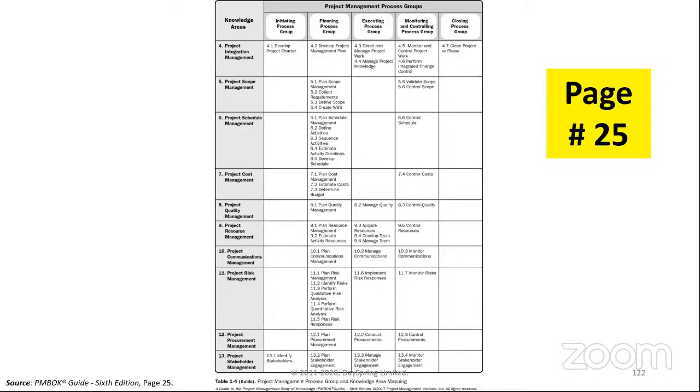Later on, when they get to know the details, then they can relate. So is there any other way to represent this table of 49 processes, or is this the only way?